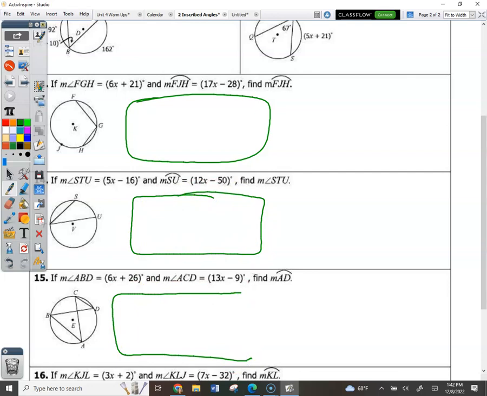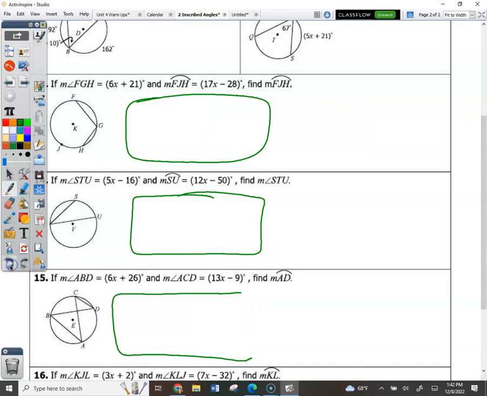Here, find x. You have to show work and find x, because then after you get x, you have to find what it actually tells you to find over here and tell me what it is. So make sure you're showing me this right here, so if you get x wrong, I can see why you got it wrong.